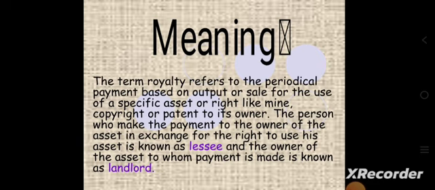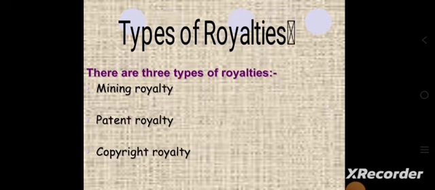So when a person, it means lessor, having an exclusive right of some kind, surrenders it to another person, it means lessee, in exchange for a certain amount calculated with reference to output or units produced or sold, such an amount is known as royalty. Okay. So then there are three types of royalties.